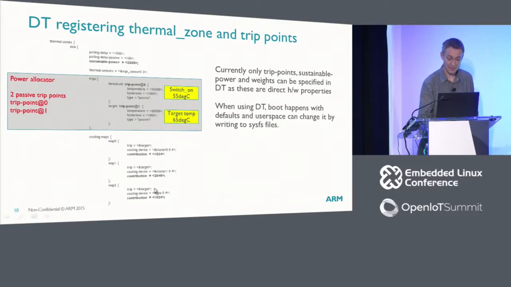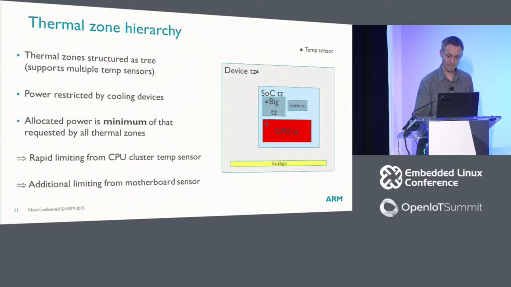And in this case, we've set the target temperature to 65 degrees C. So temperatures here are in millicelsius, because that's what the Linux kernel uses. Okay, and you can have different weights for the different devices. And you can override it in sysfs, so user space could change that.